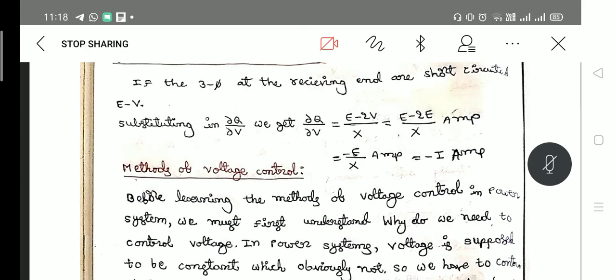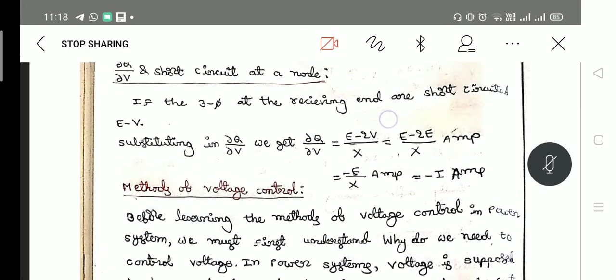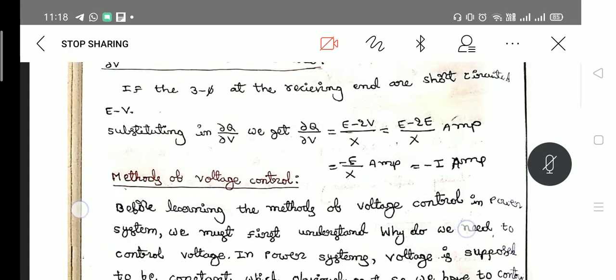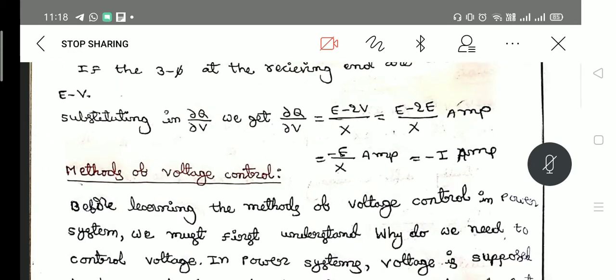In case of short circuit we can take E in place of V, so we get ∂Q/∂V = −I amperes. Is it clear to all of you?